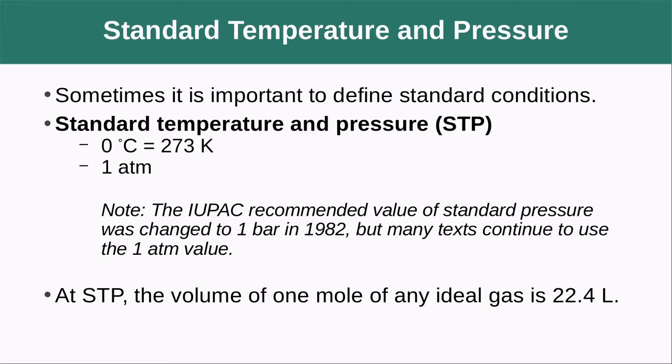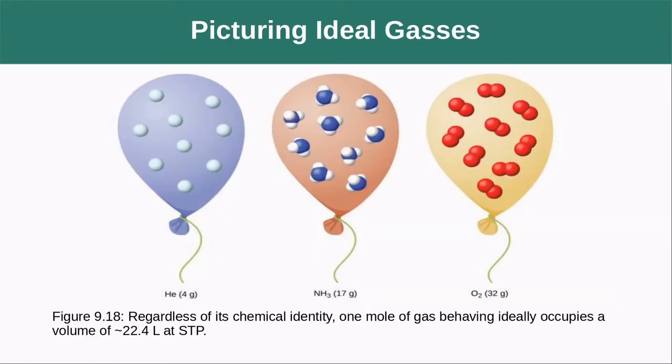At STP, the volume of 1 mole of ideal gas is 22.4 liters. We can picture that here where we have all of these balloons. They're all under standard conditions. They all are exactly 22.4 liters, but each one contains a different mass of atoms because each one of the atoms weighs a different amount.